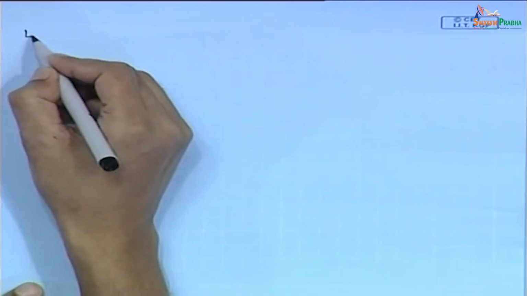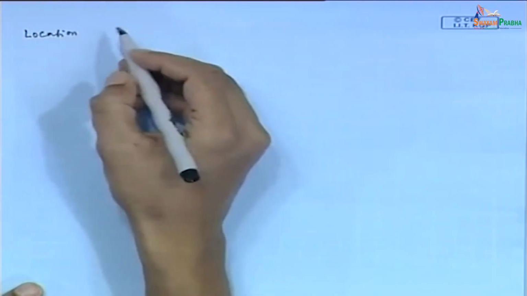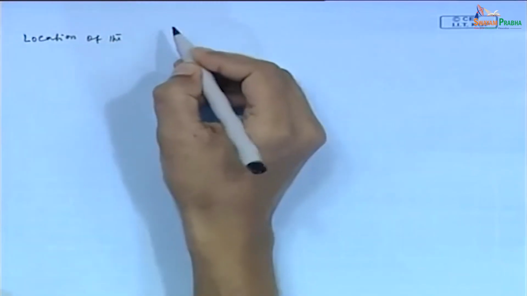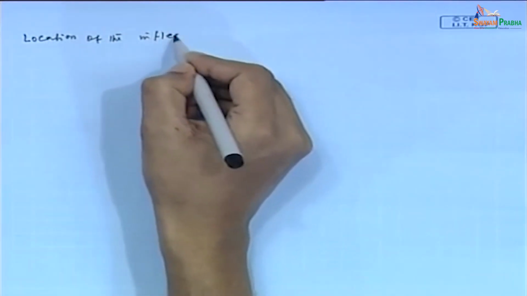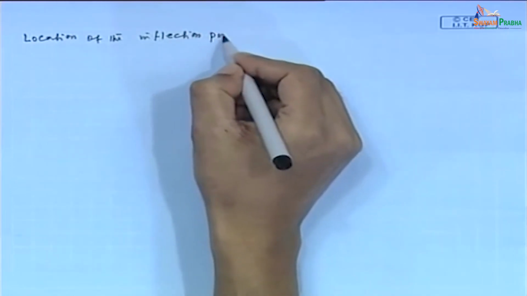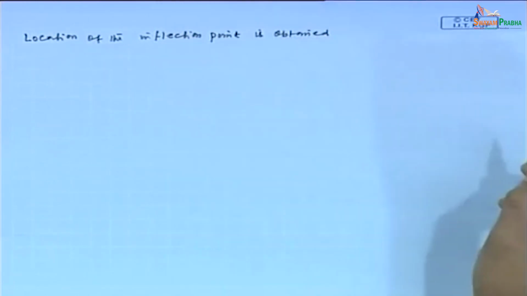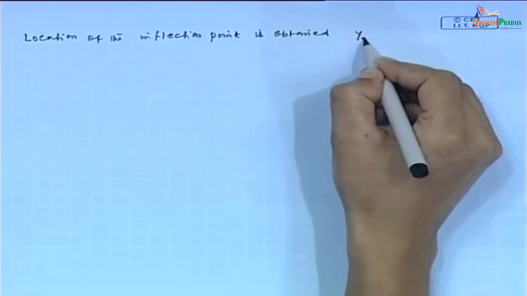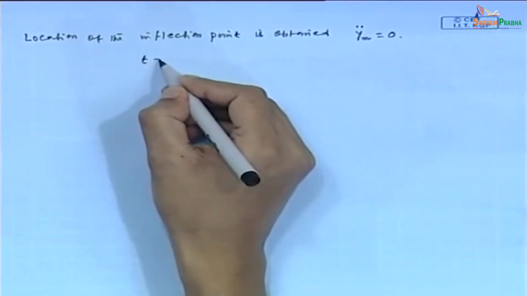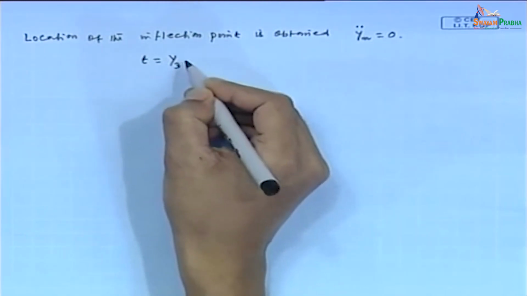The location of the inflection point is obtained by setting the second derivative equals 0. If we do that, then we get t equals 1/3.